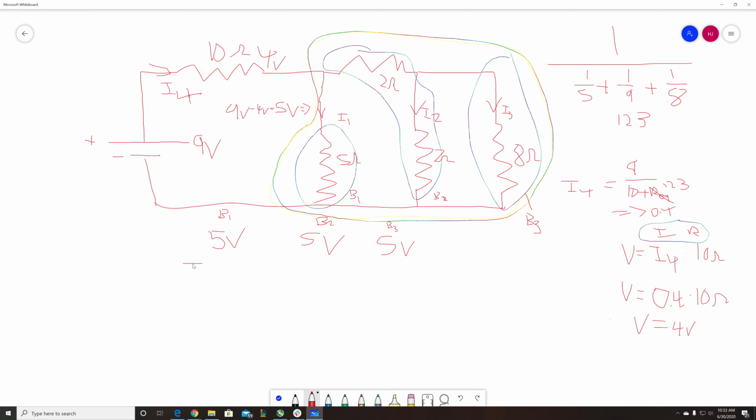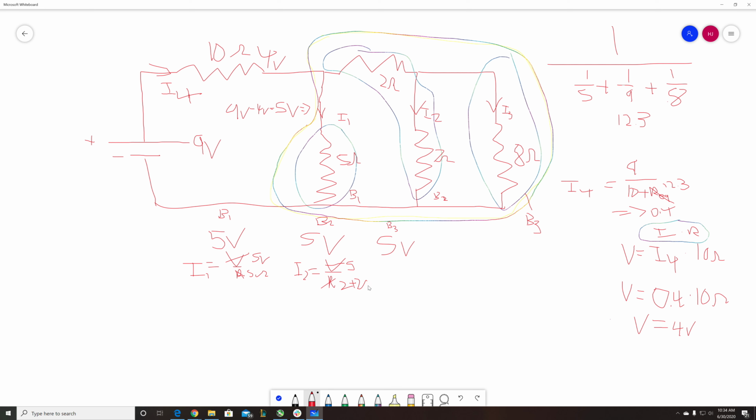So if I use I is equal to V over R on each of them, I1 would be equal to V over R. This would just be 5 volts over 5 ohms. I2 is equal to volts over R, which is just 5 divided by 2 plus 7 ohms.